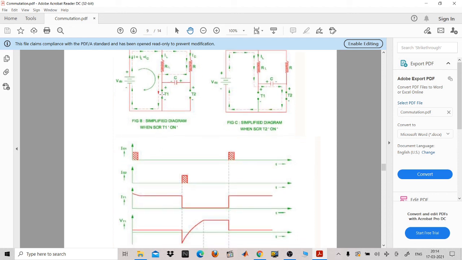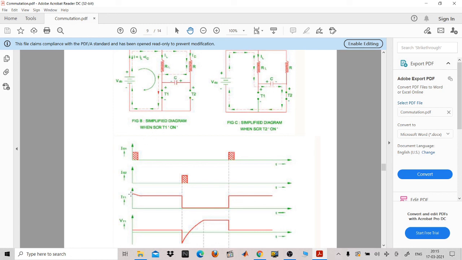Now the current which is flowing through T1 is the combination of this current and this current. So this is the load current. Now this current is almost constant. So you will get the constant plus the exponential. Now why are you getting the exponential? Because the capacitor is charging, because the current which is flowing through this T1 is through R and C. Now this R and C will be having the exponential, and that will be having a time constant.